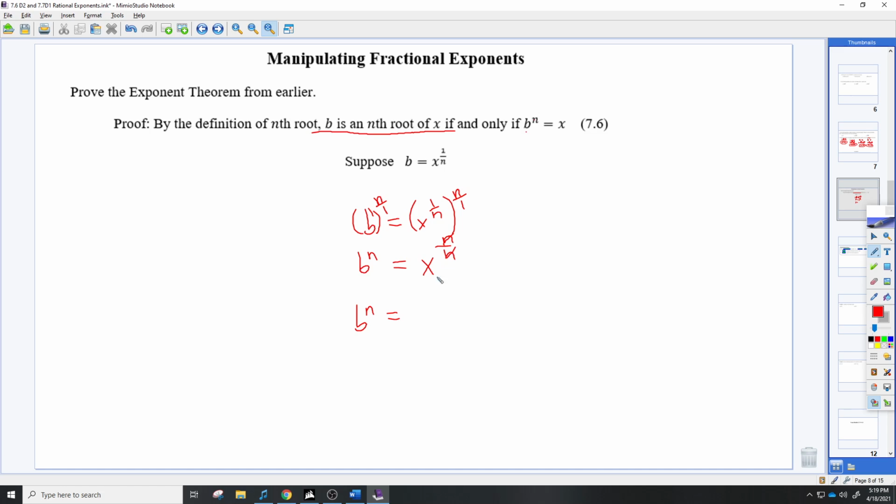N divided by n crosses out, so we just get x to the first. And so we just proved that it is b to the n equals x. So then if you want to try to solve for b, it's equal to x to the 1 over n. So it does work. You see the fractions just canceling each other out because they're reciprocals.